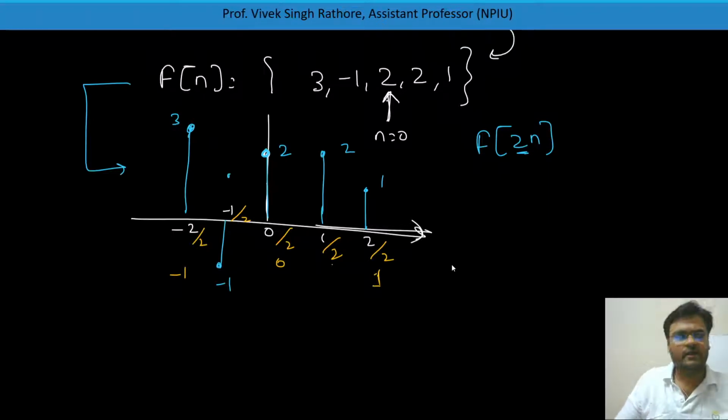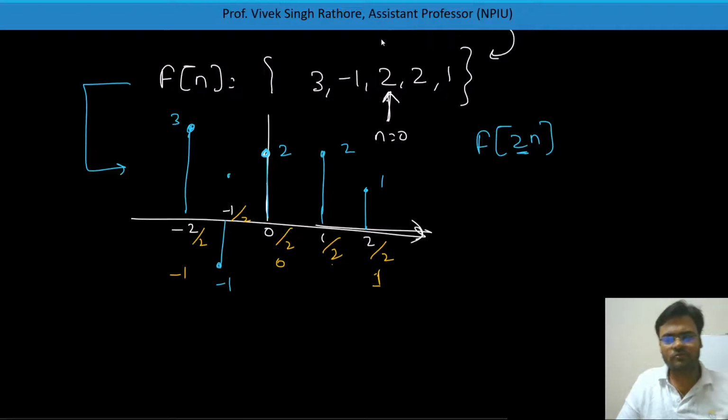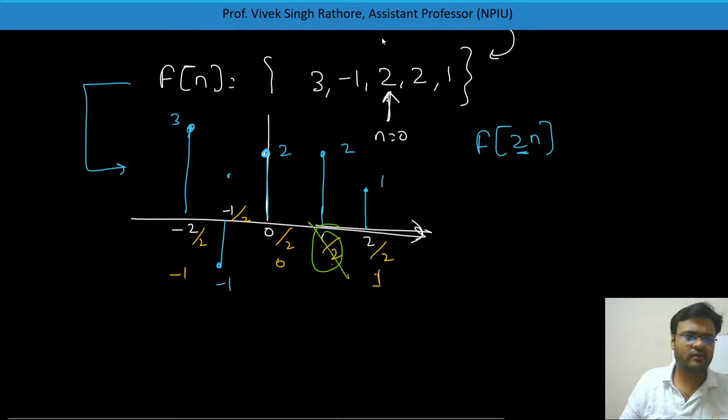I have told you earlier in this lecture that a discrete time signal is defined only for integer values. So this is not an integer value; we need to discard it. Minus half we need to discard.